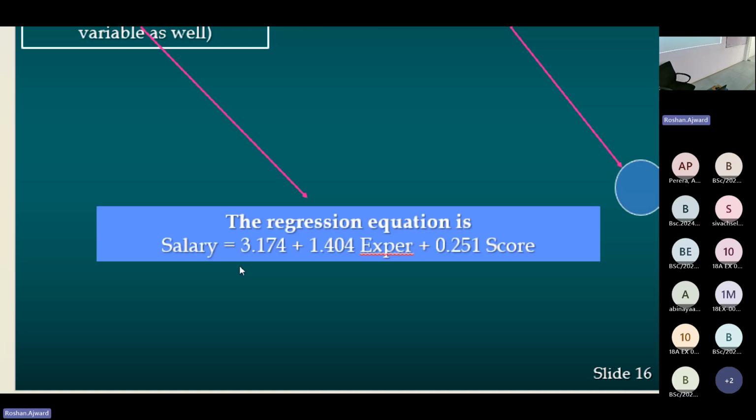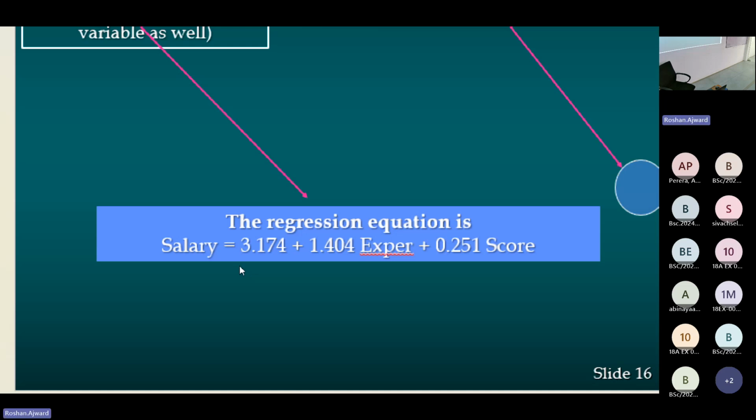Because this model could only explain 83.42%. That means the remaining 17% of the explanation is done by some other variables not considered. That's only what we could say.